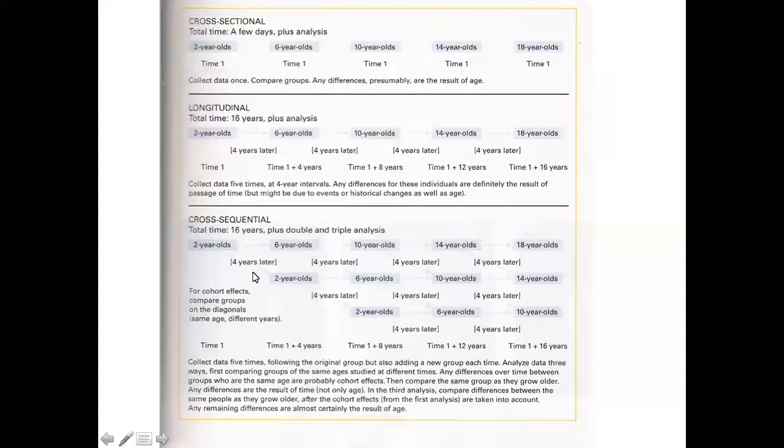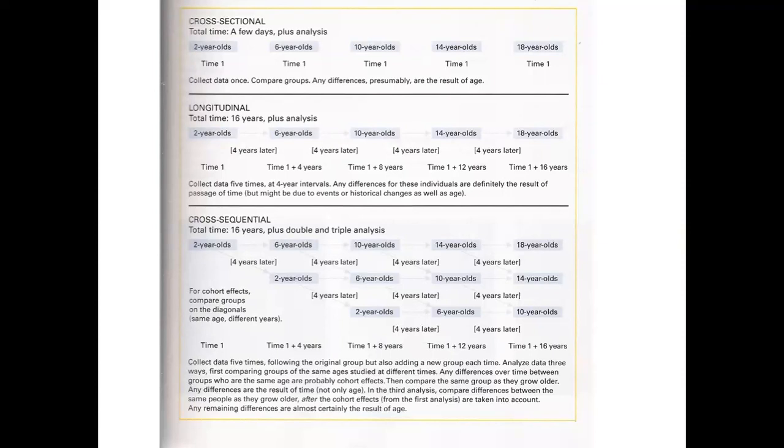Now, here is just a picture I took out of a different book to give you some kind of understanding of longitudinal, cross-sectional, and sequential design. So if you look at the top example, data was collected once, and you're comparing multiple groups at one point in time.